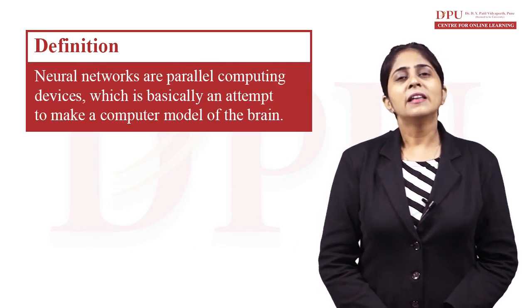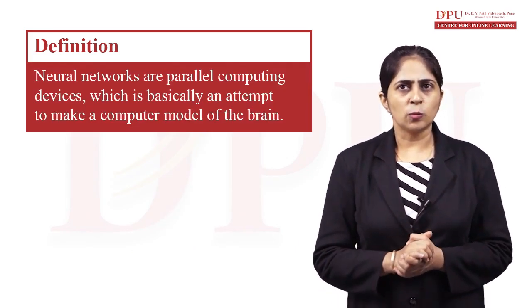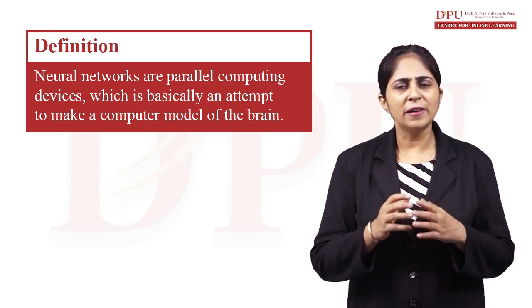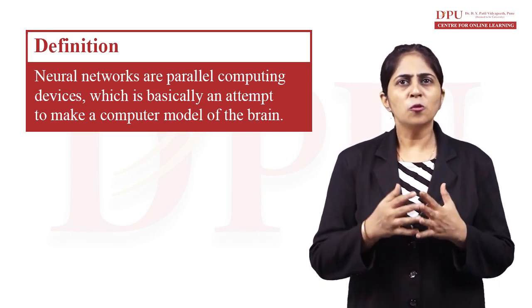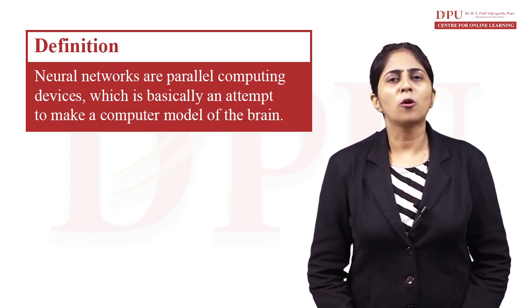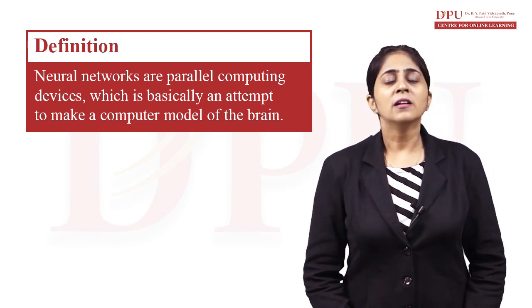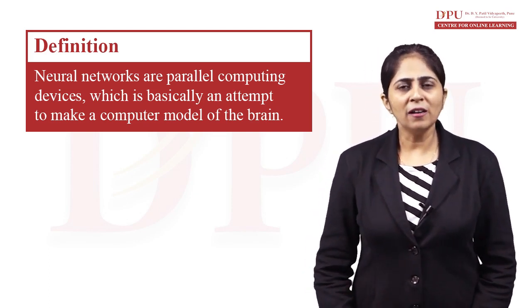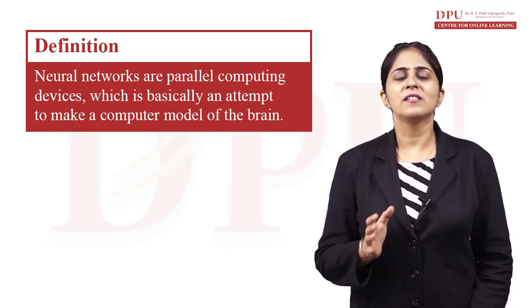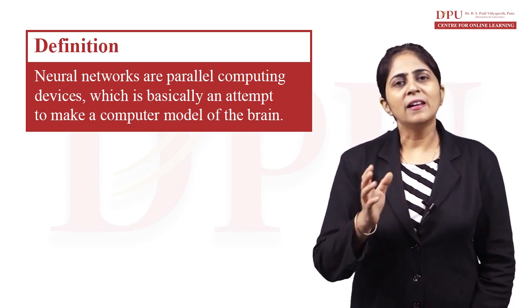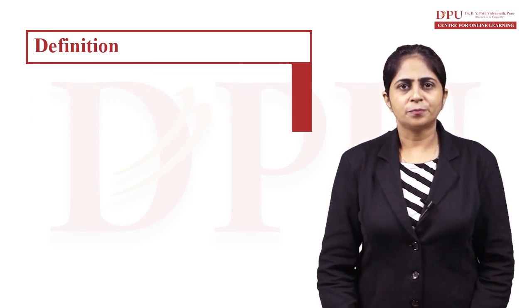Neural networks are parallel computing devices, which are basically an attempt to make a computer model of the brain. The way we have the human brain, in a very similar way we have designed these parallel computing devices.